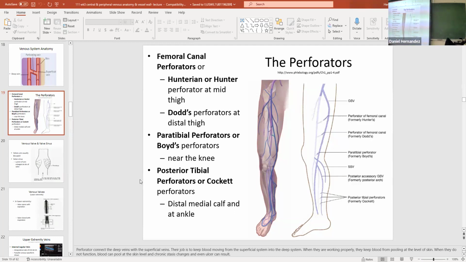So if you remember Hunterian, Dodds, Boyd's, and Cockett, just kind of work your way down. Hunterian, mid-thigh, Dodds, distal thigh. Think maybe adductor canal, Boyd's around the knee, and then Cockett down in the calf, going from calf down to the ankle.